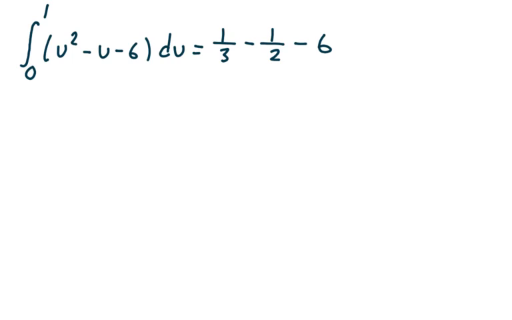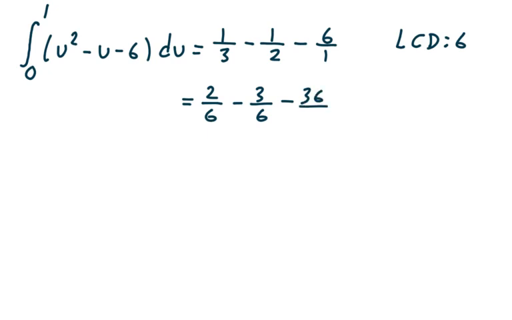And if you don't mind, I'm going to write this as 6 over 1. The lowest common denominator is 6. And so this is equal to 2 over 6 minus 3 over 6 minus 36 over 6. Okay?